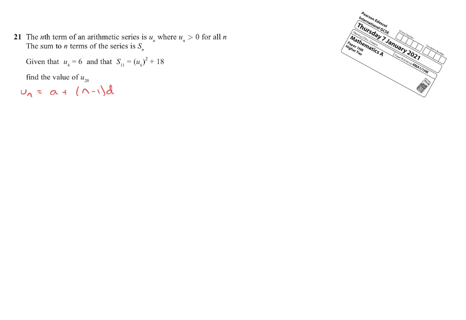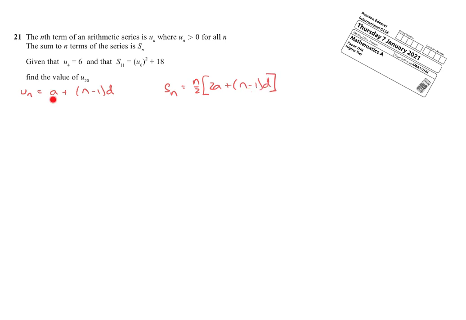The formula that they give you in the exam is the sum to n terms, which is n over 2 square bracket 2a plus curved bracket n minus 1 close bracket d and close the square bracket. So here we have n is the term number, a is the first term, n term number again here, and d is a common difference.